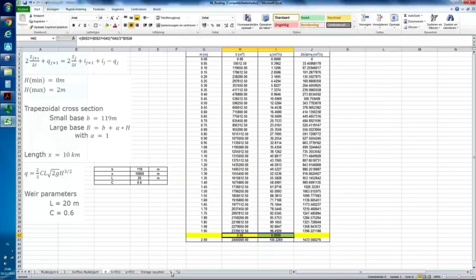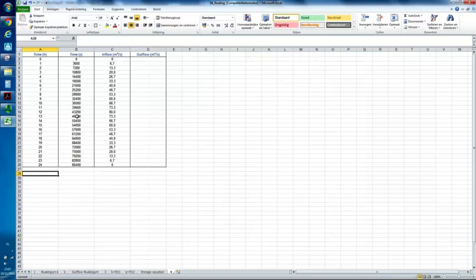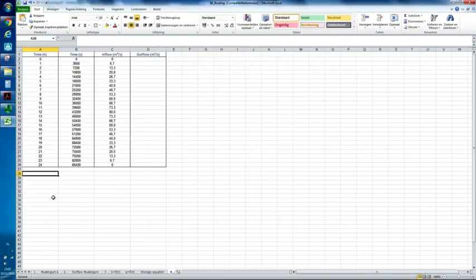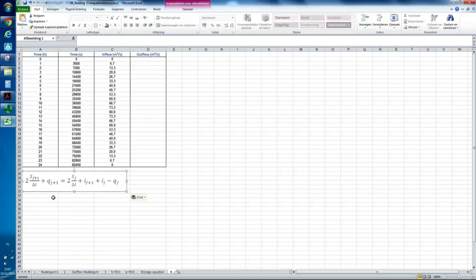And I've prepared this in a new sheet of our Excel file, and we see here our time, the corresponding time in seconds, and the inflow values that were given. So these are the values that are actually corresponding with our storm runoff that comes into the reservoir. And we need the equations actually, so this one again, to calculate our outflow at the outlet of the reservoir.